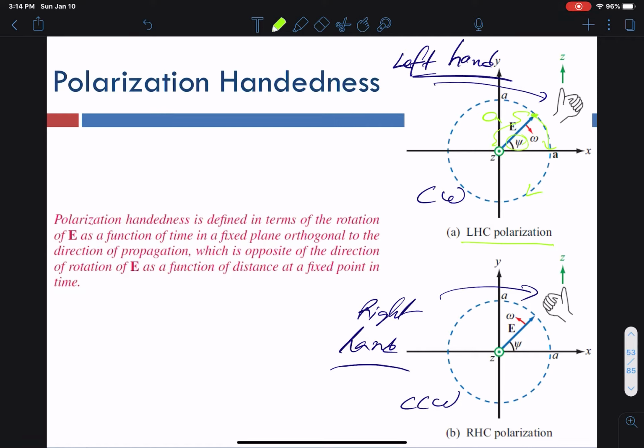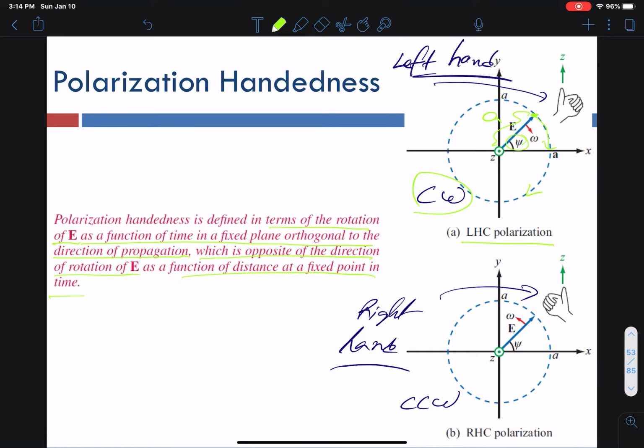Polarization handedness is defined in terms of the rotation of E, that's the tip of the vector, as a function of time in a fixed plane orthogonal to the direction of propagation. So you're looking at the xy plane at z equal to 0, which is opposite to the direction of rotation of E as a function of distance at a fixed time, right? So this clockwise rotation of the vector gives you the left hand polarization, all right?